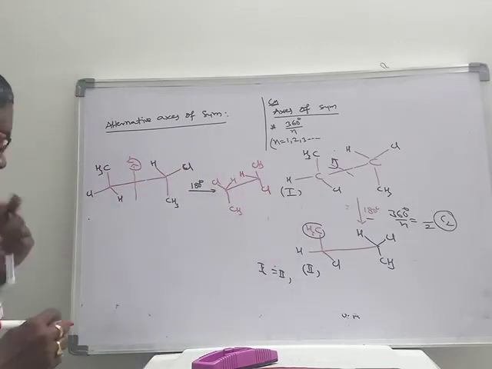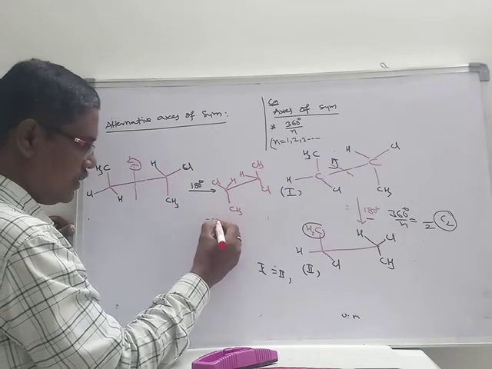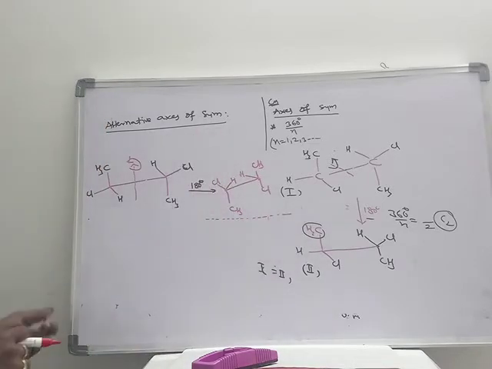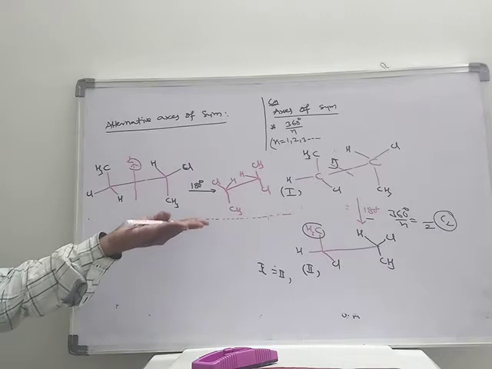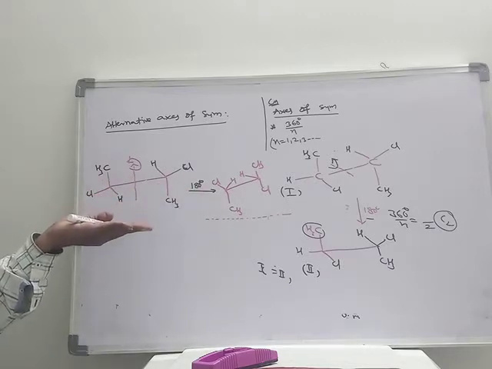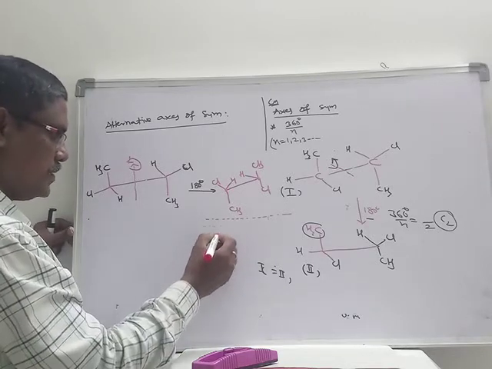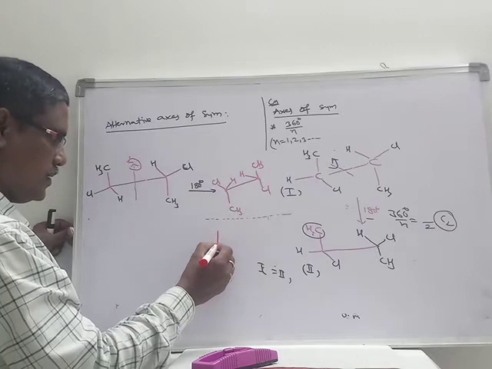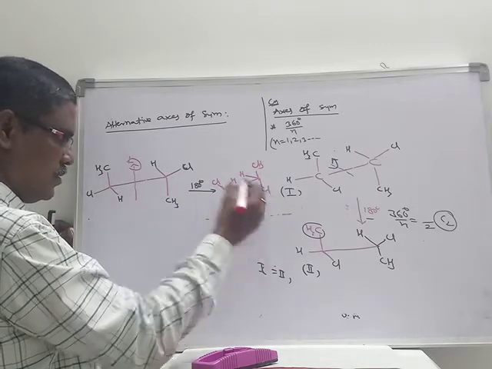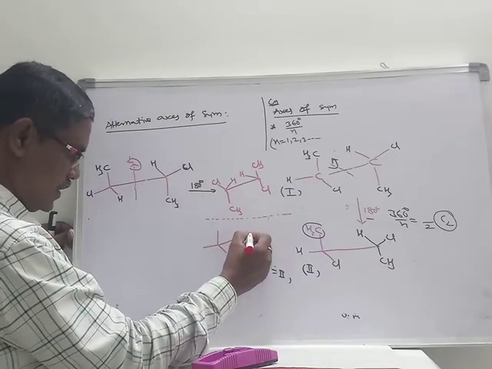If a mirror is placed perpendicular to the rotation axis, we obtain this structure. This is the upside, and this one is the downside CH3.